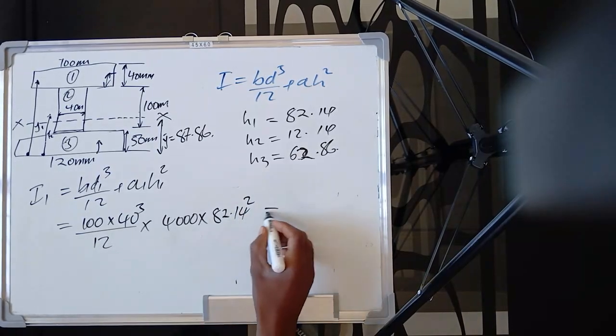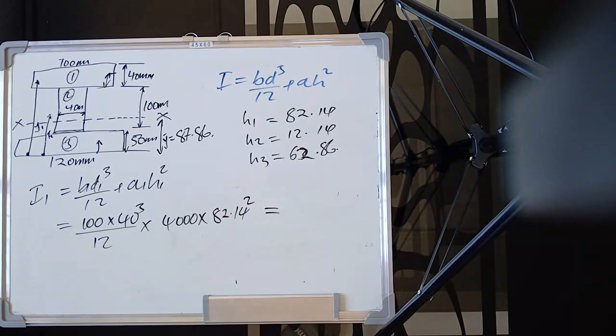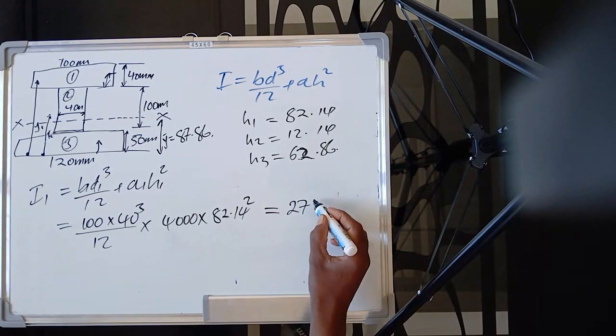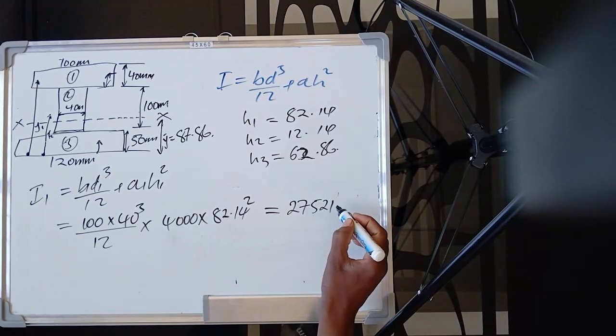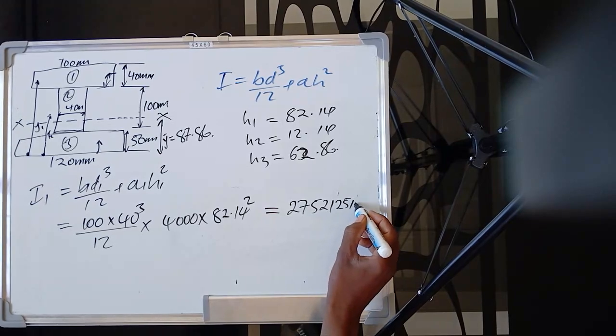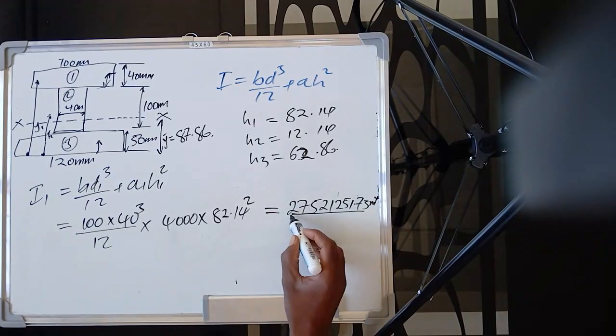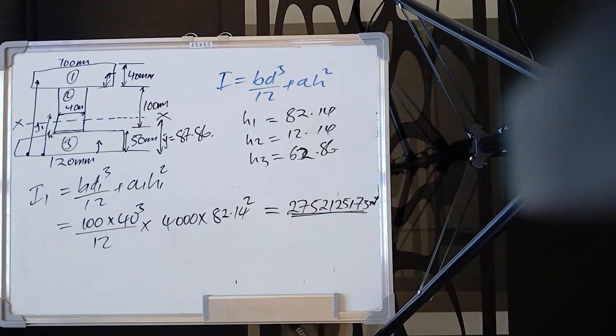So punch this into the calculator. Let's see what you are going to get. Okay, from my calculator, it's giving me 251.73 millimeter to the power 4. So that is the number that at least you should get if you are close to that.